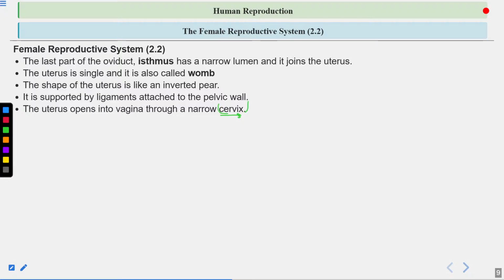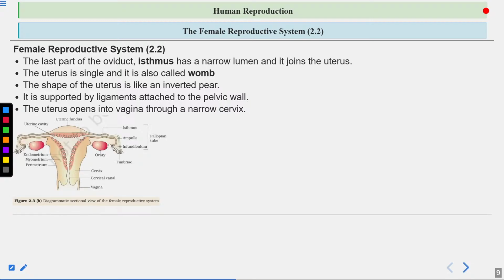And the uterus opens into the vagina through this cervix. So again, a question can come from here. The uterus opens into the vagina through what? Again, you can see here, this is the uterus, the lower part of the uterus is known as the cervix. And the uterus opens into the vagina through a narrow cervix.